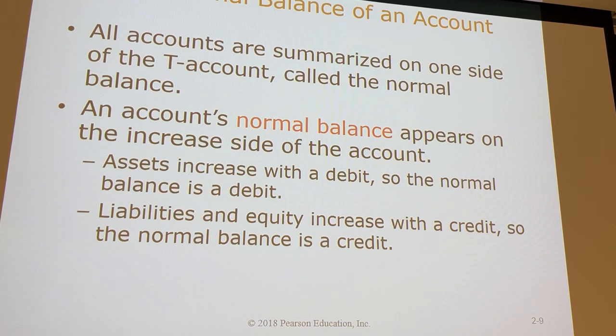Now, every one of our accounts has what we call a normal balance. And the normal balance is the side of the account that causes it to go up. So an asset account goes up with a debit, so the normal balance for an asset account is a debit. Liabilities and equity go up with a credit, so the normal balance of those accounts would be a credit.